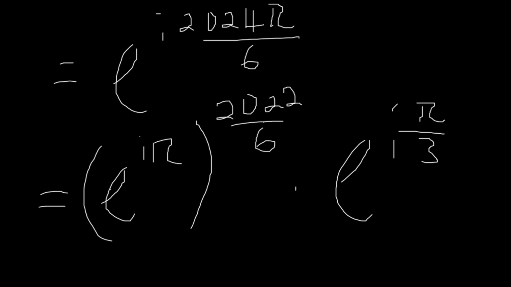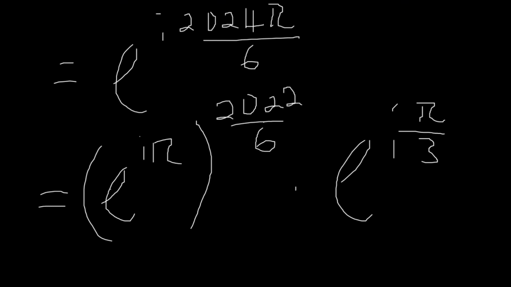Then E to the I pi, like cos 1h, is equal to minus 1, and sine 1h is equal to 0. This will be times what? We solve for this. 1h divided by 3, that is 60 degrees. Cos 60 is equal to what?